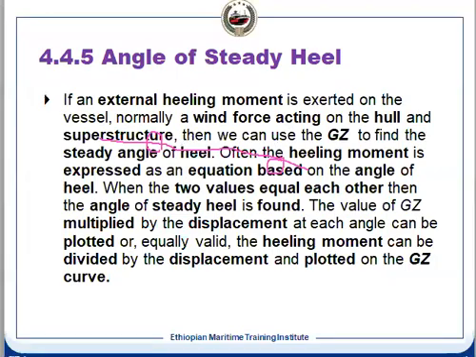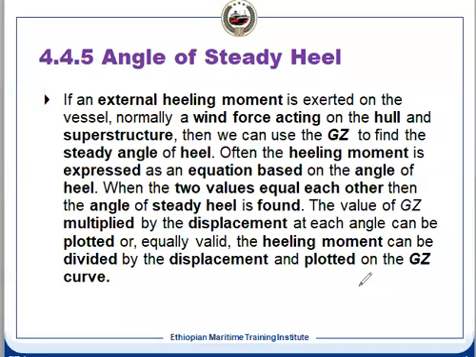If you see what is written here, the heeling moment is based on the angle of heel: as the angle of heel increases, ZZ increases, and ZZ multiplied by delta is the heeling moment. When the two values coincide, that is what we call the steady heel. So we can find out the steady heel once we plot these two curves.